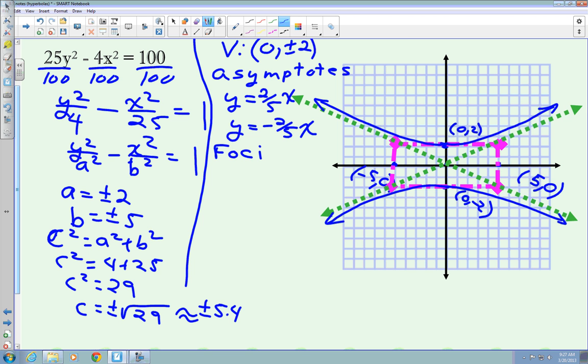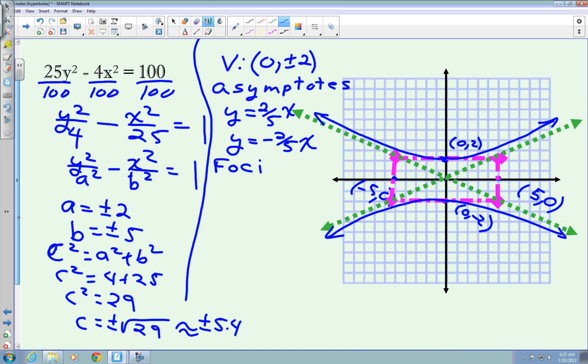Okay, so now we look over here at our graph again. Since my vertices are on the y-axis, my foci will also be on the y-axis. So I start at 0, 0. I go up 2, 3, 4, 5.4.